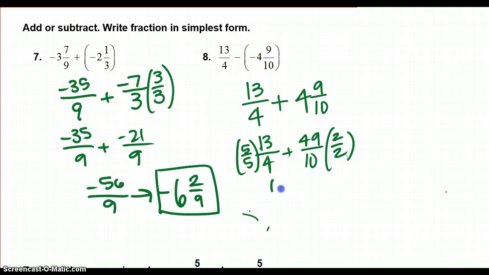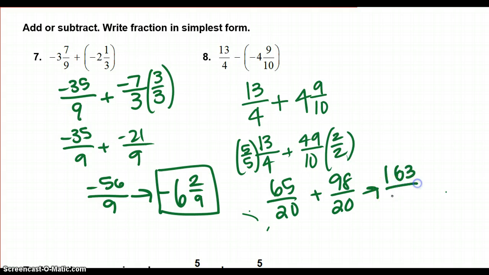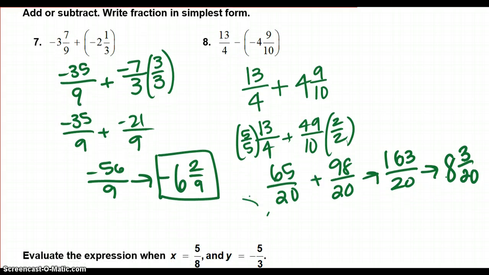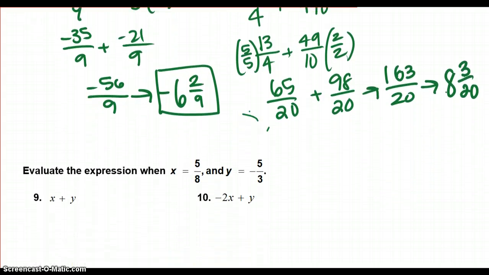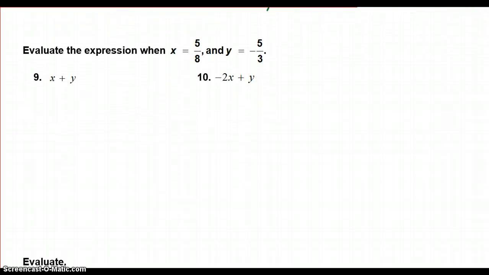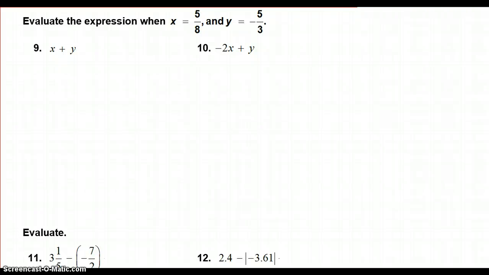I get 65 over 20 plus 98 over 20 gives me 163 over 20, which if I change into a mixed number using the J method, I get 8 and 3/20. Next problem, I need to evaluate the expressions when x is 5/8 and y is negative 5 over 3.